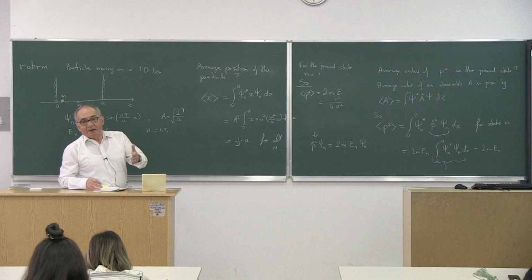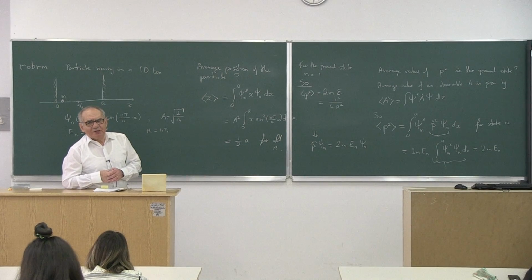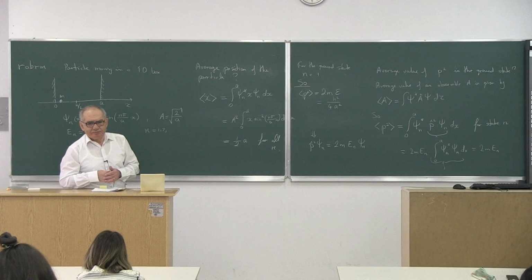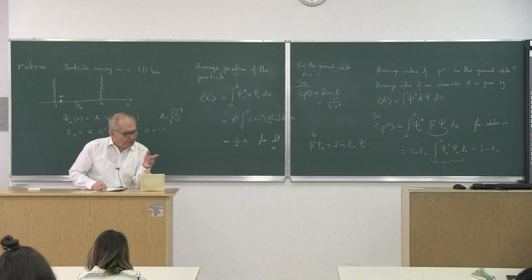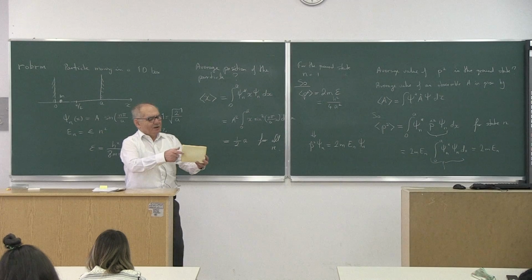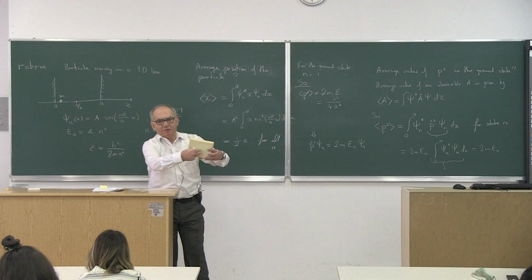As a final example, what do we expect for the average linear momentum for this particle? Remember that momentum is a vector quantity. Think of it classically, all right? Part of the time, the particle is moving to the right.